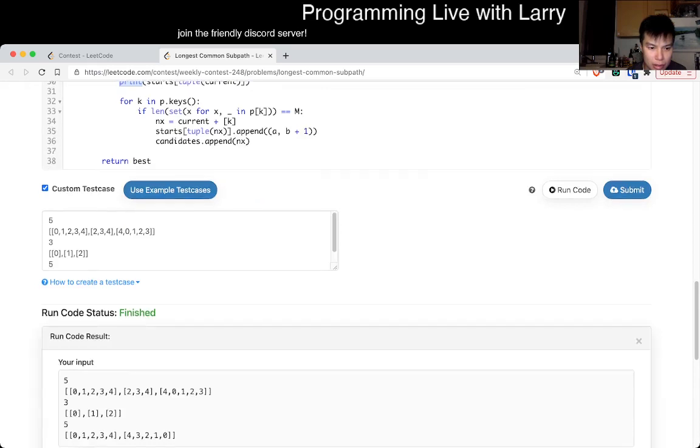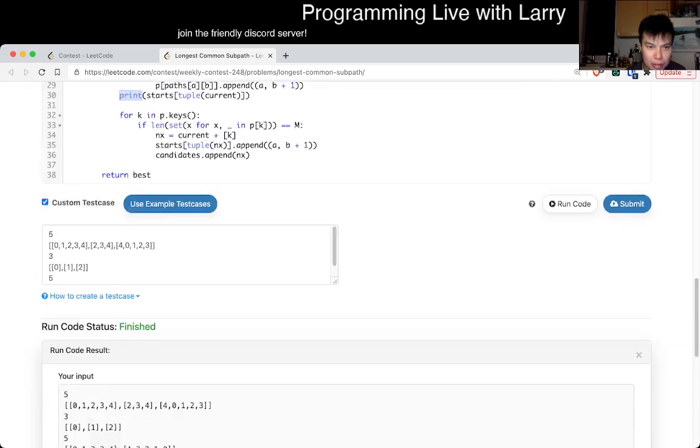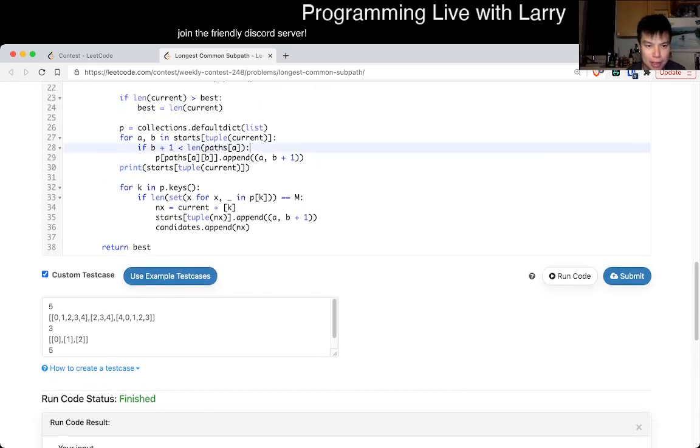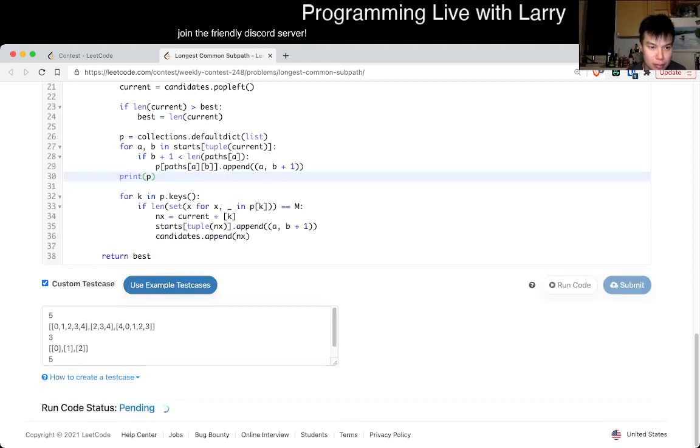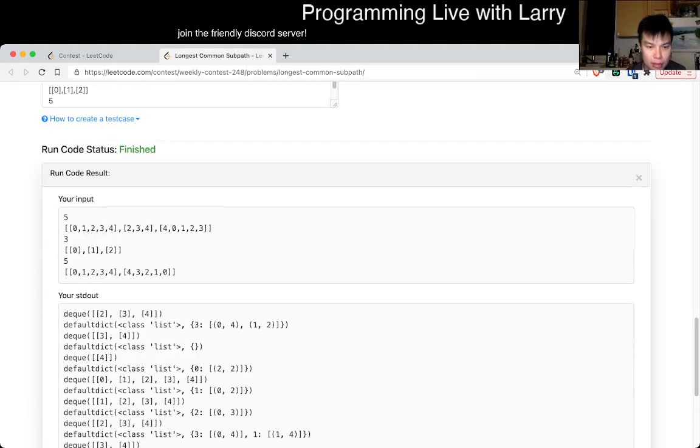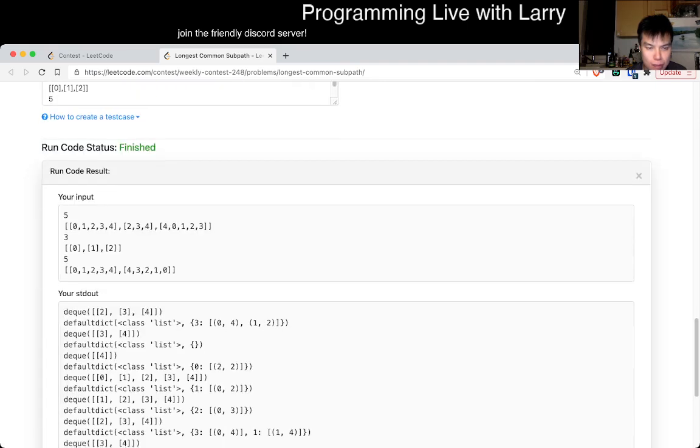Okay, so it's doing something, just nothing productive yet. That's fine. Okay, this is good. Maybe. It's missing something though.